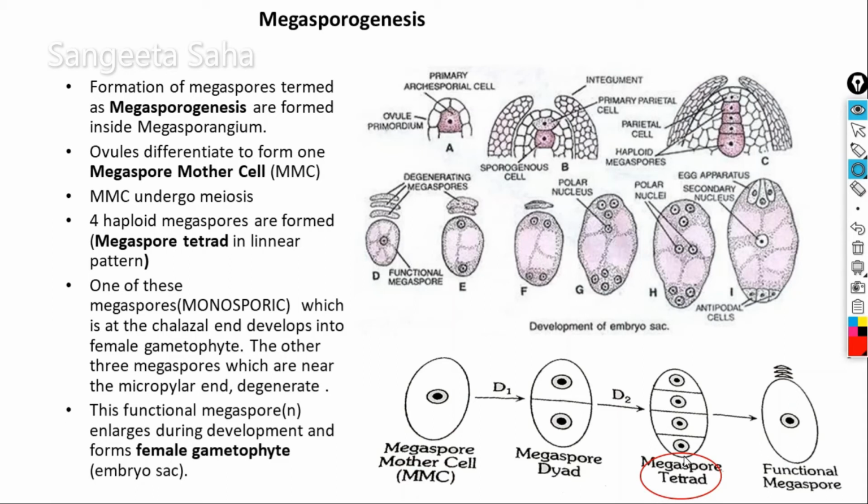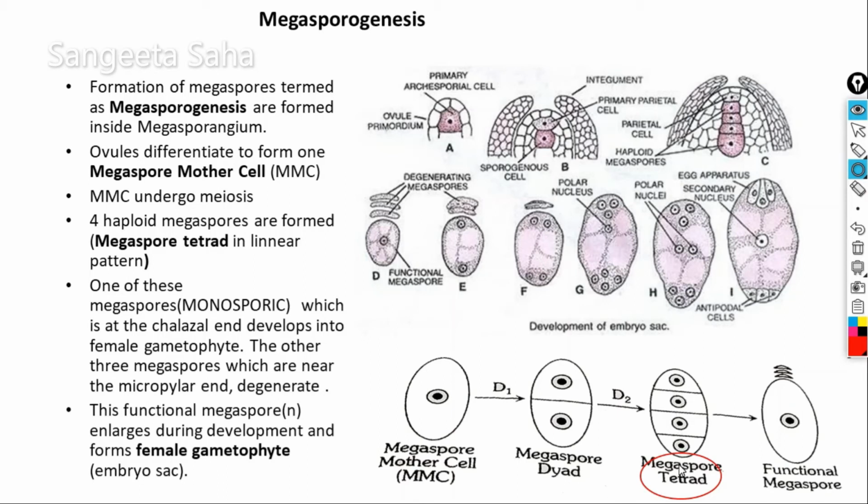In the androecium, in the structure of the stamen, this tetrad formation can be of different patterns. We have already discussed that. But in the case of megasporogenesis, only one type of pattern is observed, that is the linear pattern.